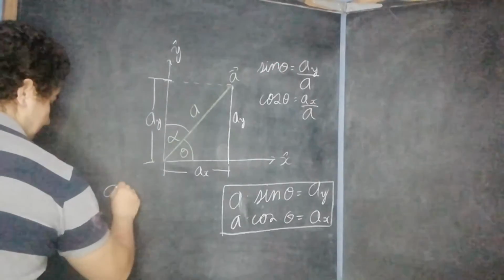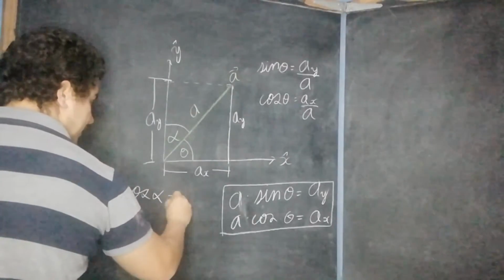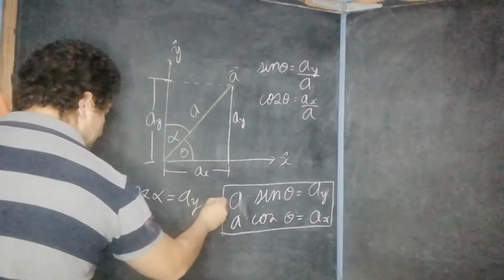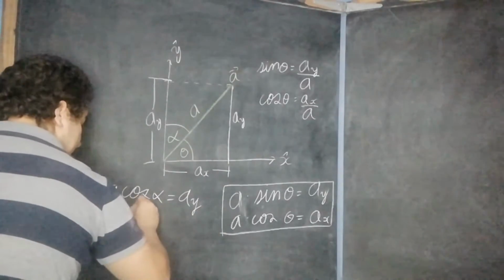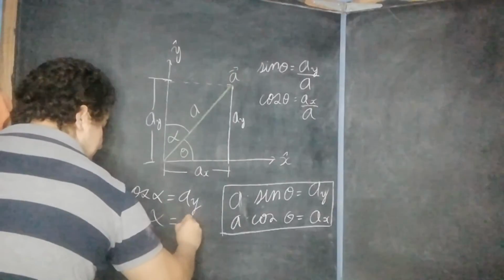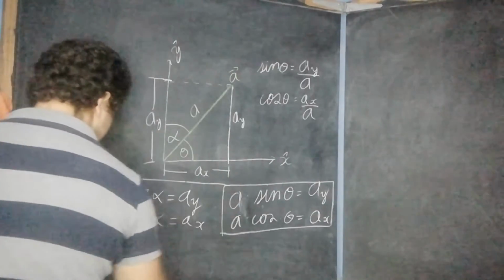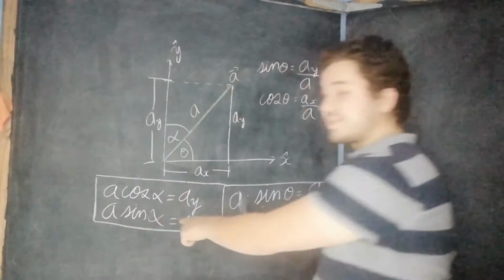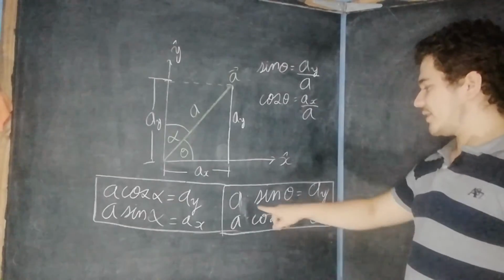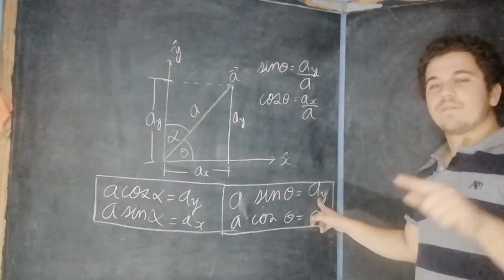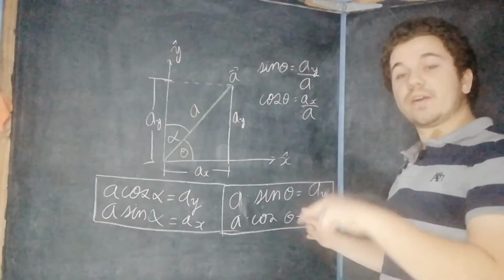We will say that A cosine of alpha equals the y component of the vector, and A times sine of alpha is the x component of the vector. So why is this? This is actually a very common mistake. Don't just remember that the sine goes with the vertical component, the y component, sorry, and the cosine with the horizontal component.